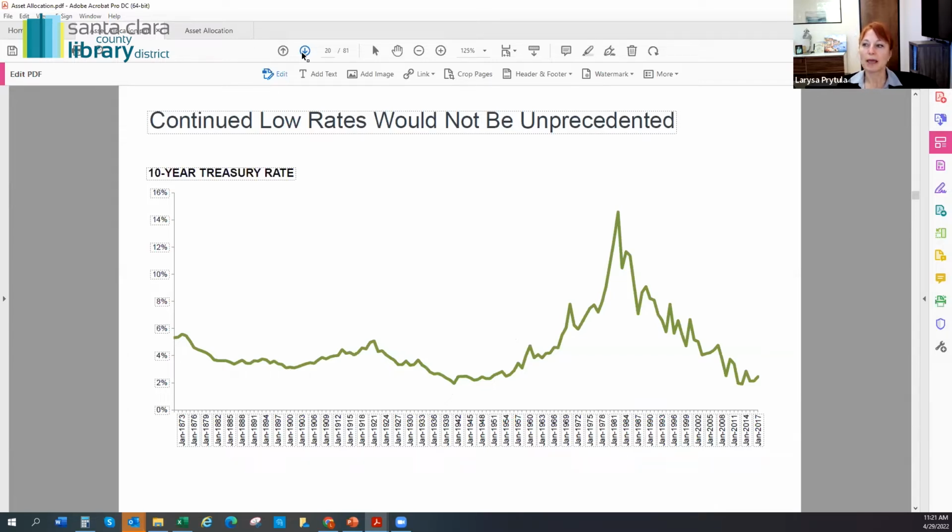Expectations of interest rate increases, 7 or 8 hikes, are already embedded in the bond prices, and it's probably overdone. Because of that, it's created a dislocation and potential opportunity for those investors who are seeking yield.